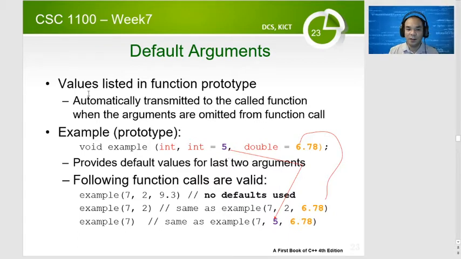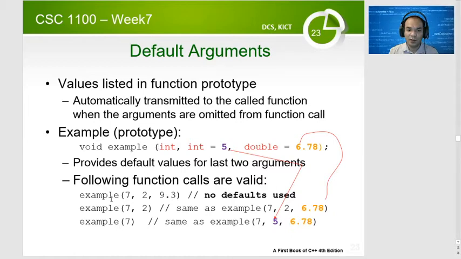So basically you can have void example(int = 5, double = 6.78). This is especially useful when you want to create default values for the functions. There are many ways to use function default arguments.